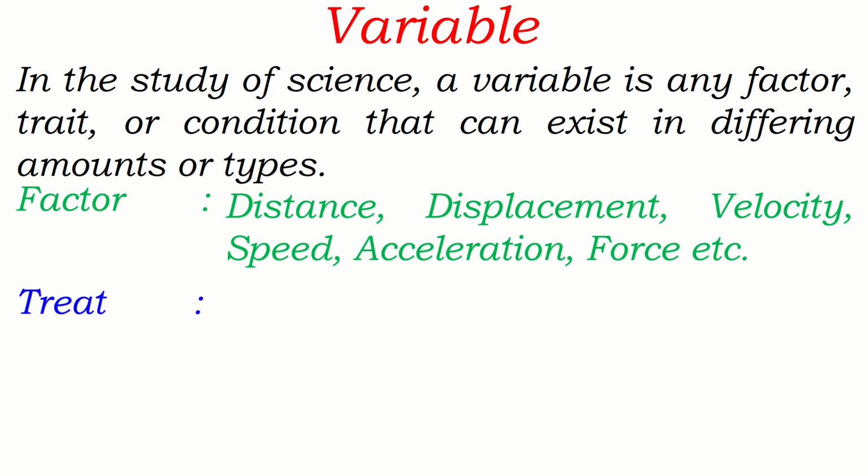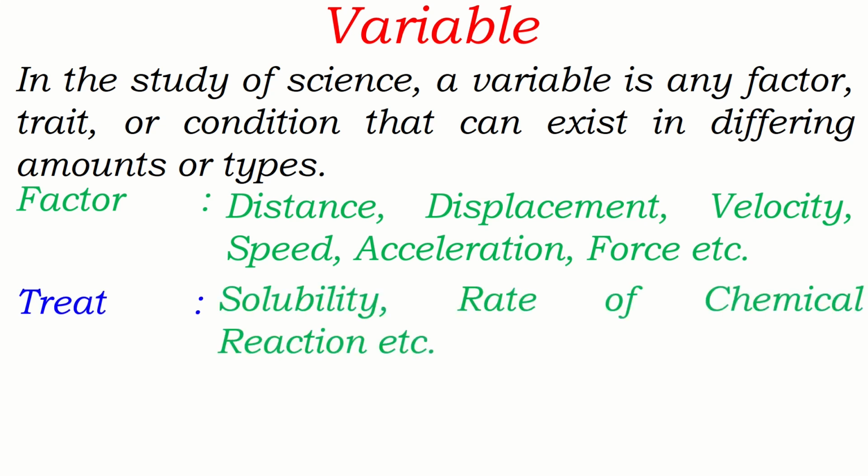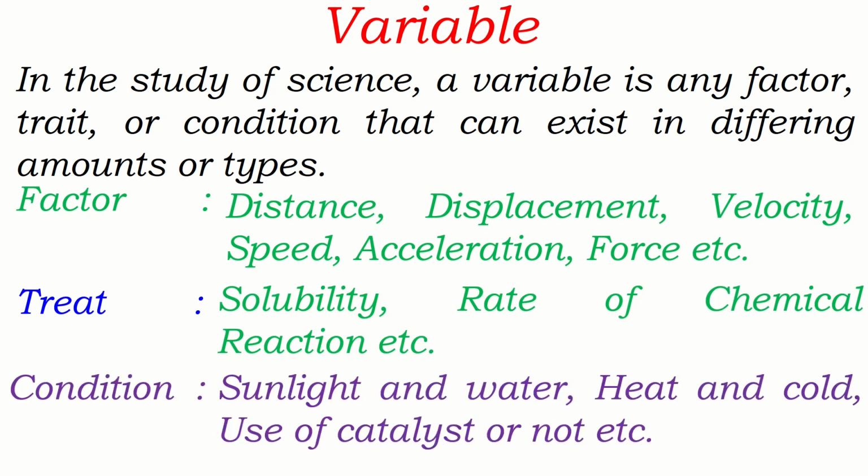And a variable may be a trait, a characteristic, solubility, rate of chemical reaction, etc. Or a variable may be a condition also. The conditions like sunlight and water, heat and cold, use of catalyst or not used, etc.